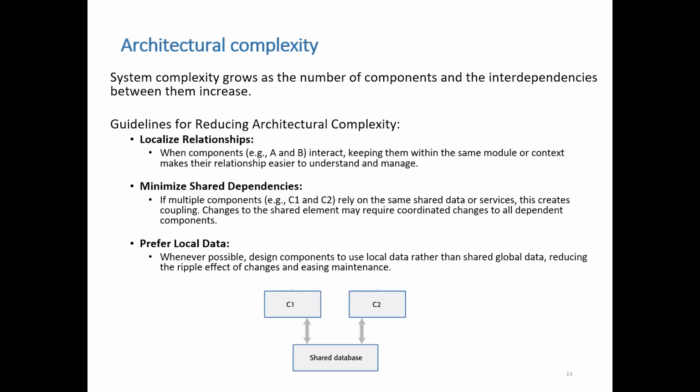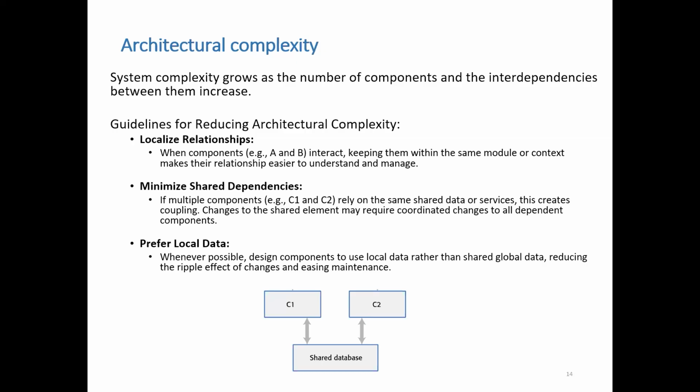As we wrap up, let's touch on one of the biggest challenges in system design, managing complexity. A system gets more complex not just because it has a lot of components, but because of the way those components are connected. All the communication paths, data sharing, and dependencies between them.